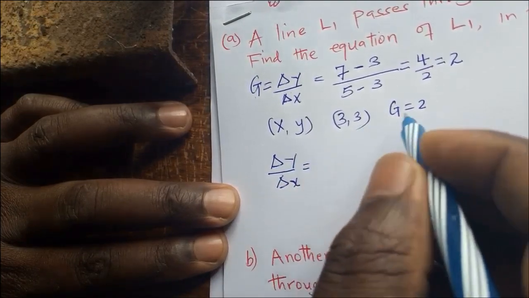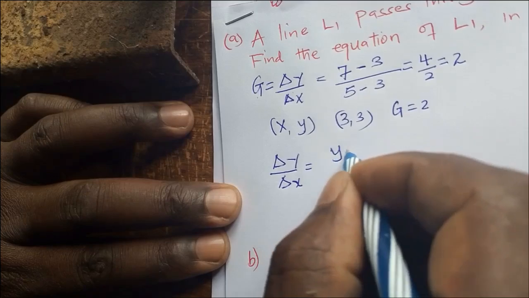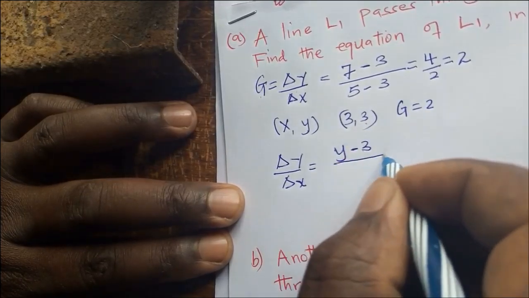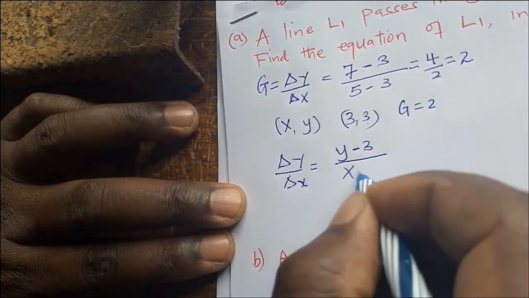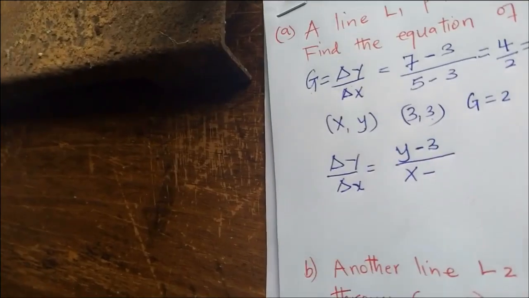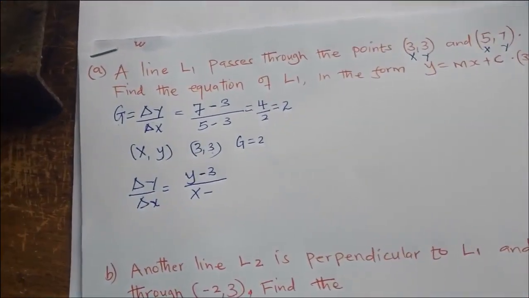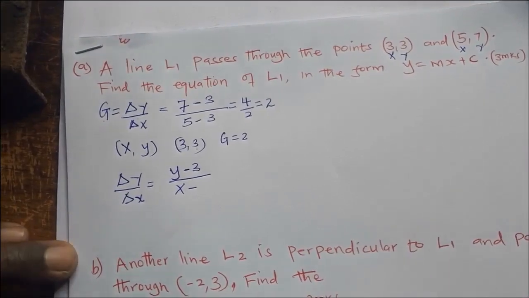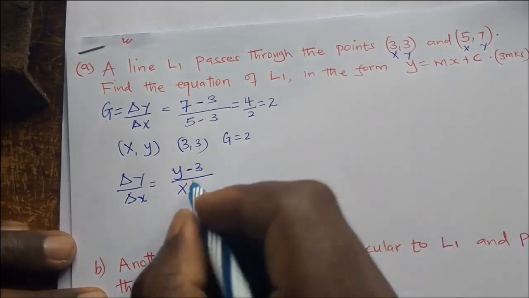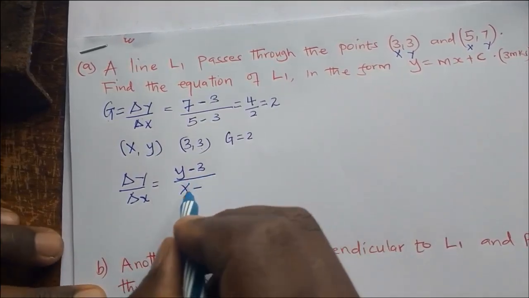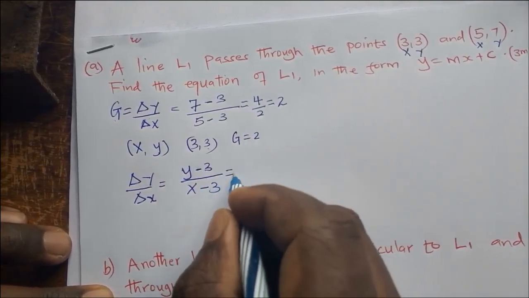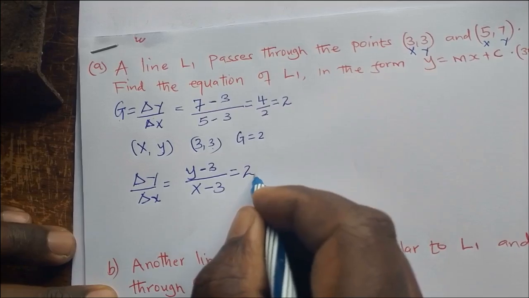So y minus 3 divided by x minus 3, and this one will give us the gradient, which is 2.